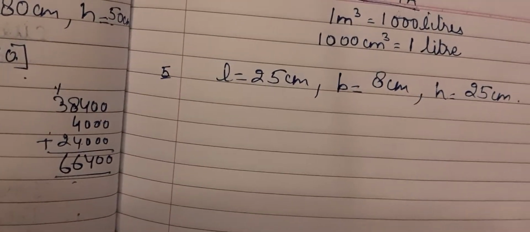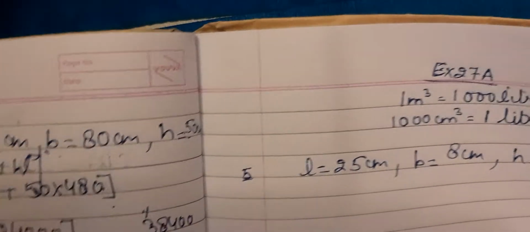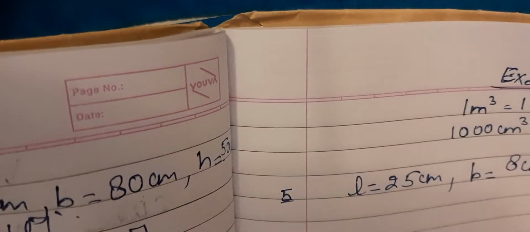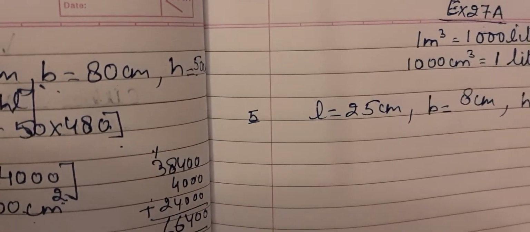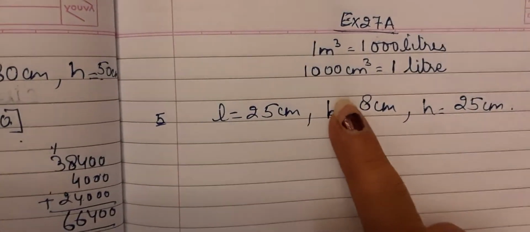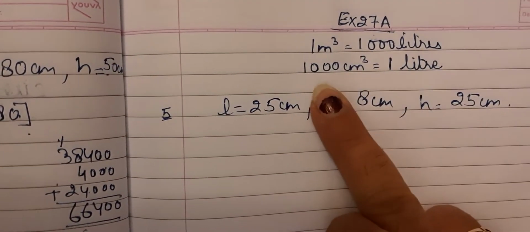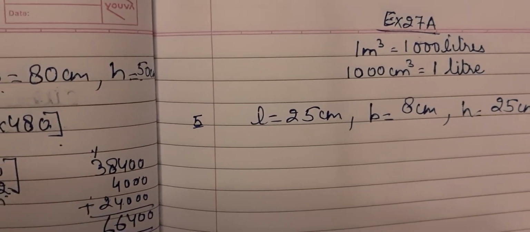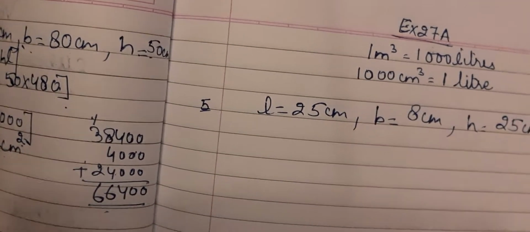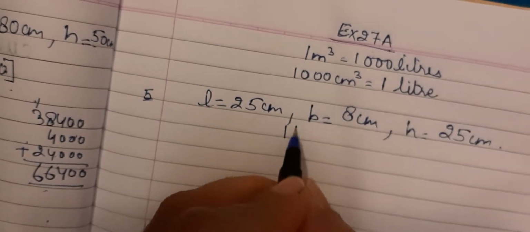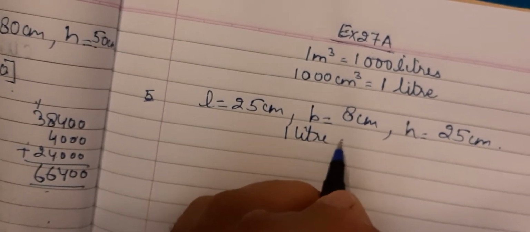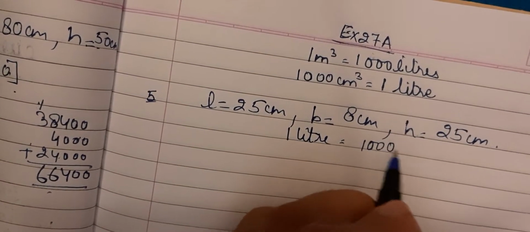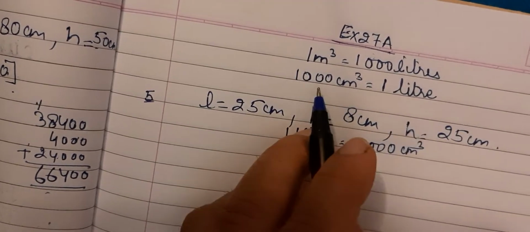So for that I am going to convert these liters into centimeter cube. As I have already given you the relation between liter and centimeter cube, you know 1 liter is how much? 1000 centimeter cube, as I have written above.